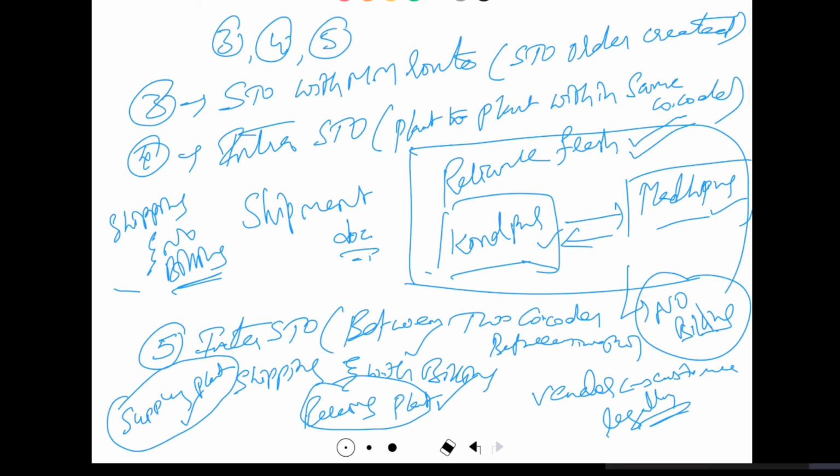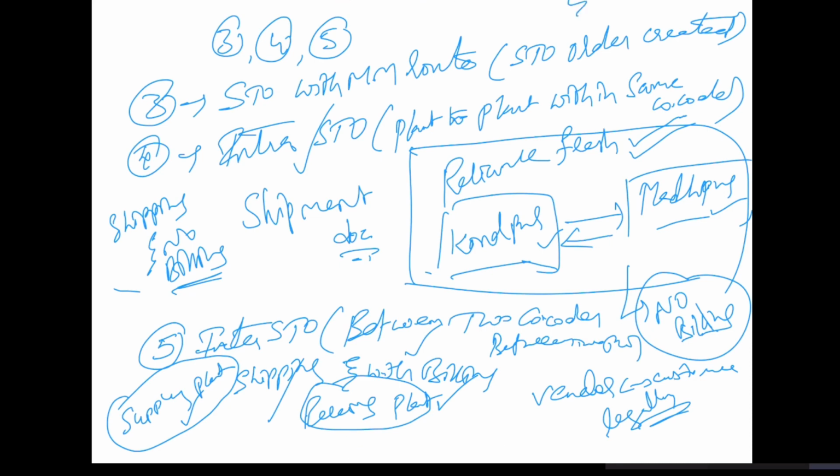Either they can use the intra STO or they can use the inter STO or they can use both. Clear? Any doubts? Not from my side. Okay.